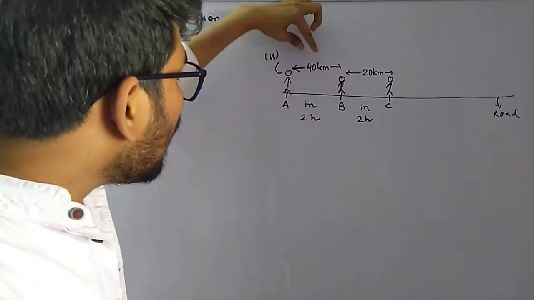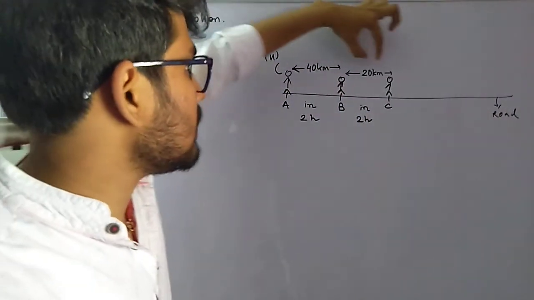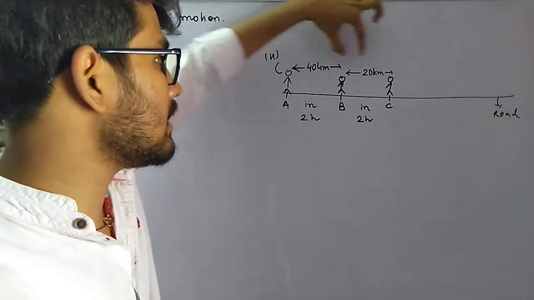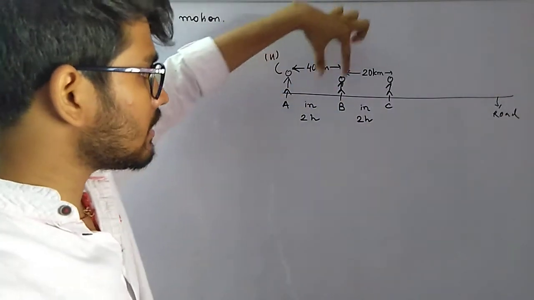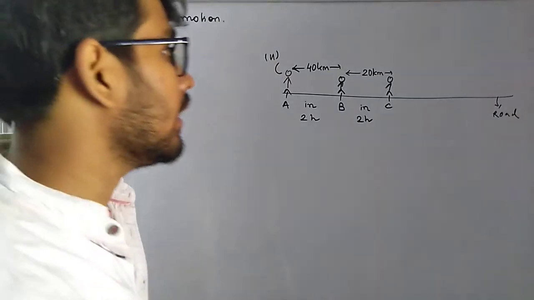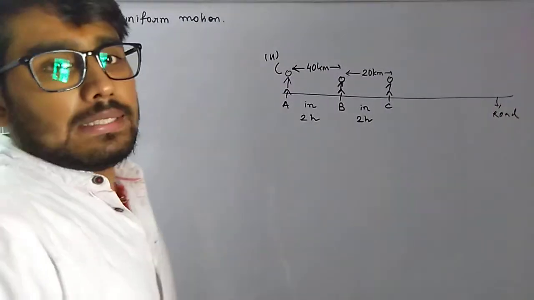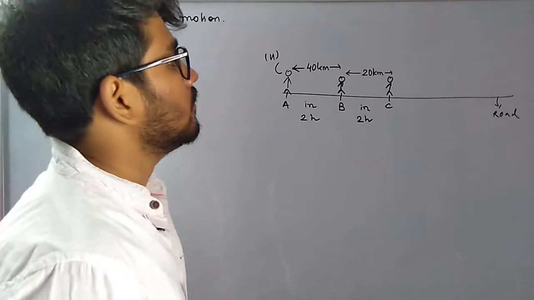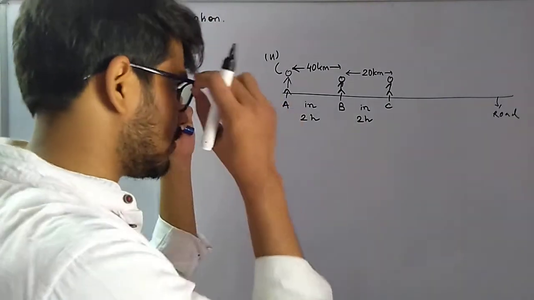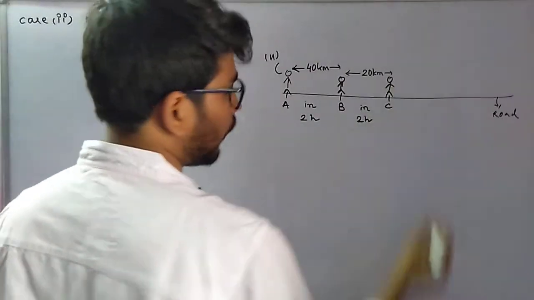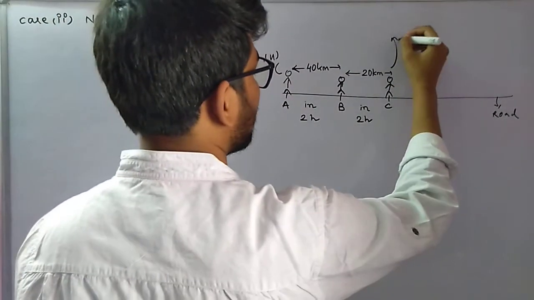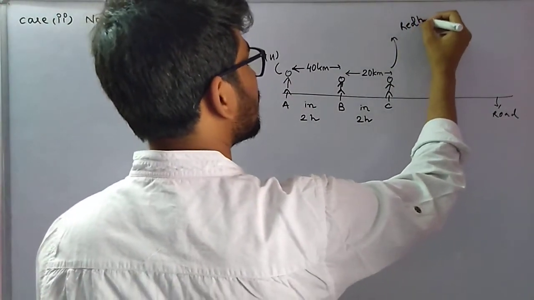That is, unequal distance in an equal interval of time. Now finally, after reaching a point C, he took a Red Bull.